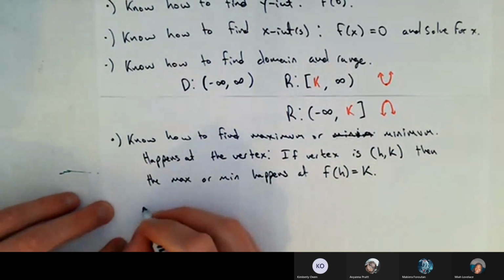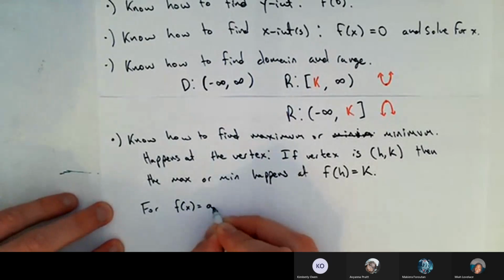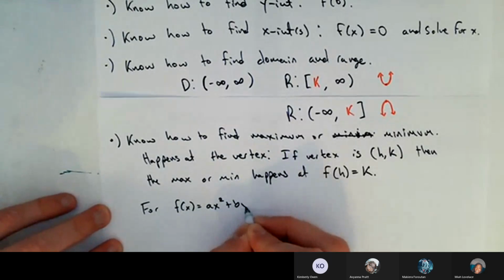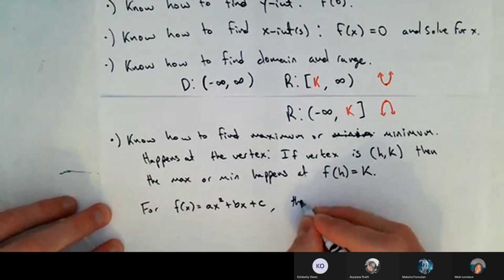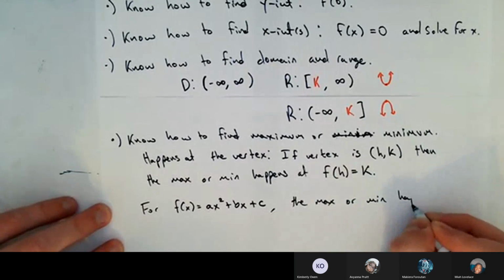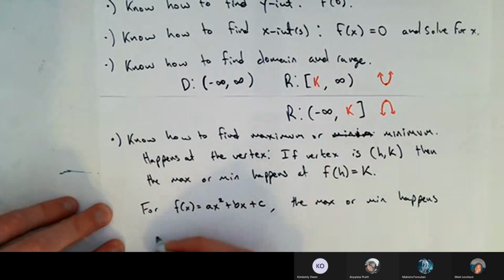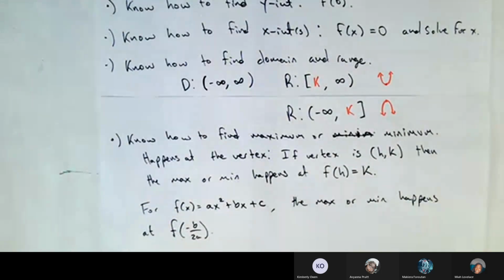This is specifically for something that's in the normal quadratic function form. The max or min happens at f of negative b over 2a, and you have to evaluate what that is.